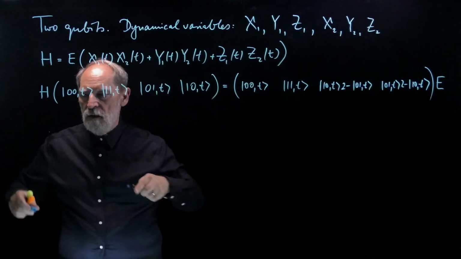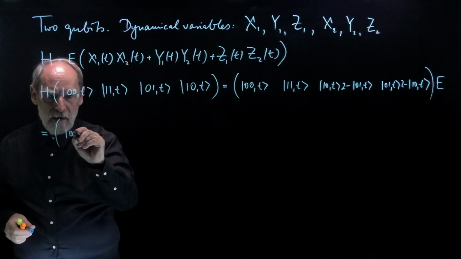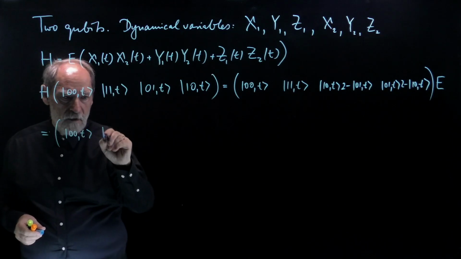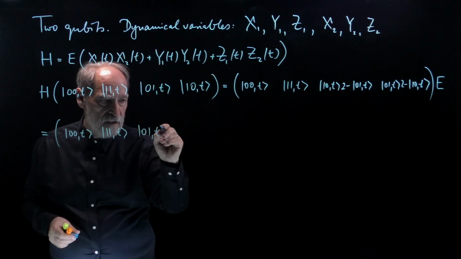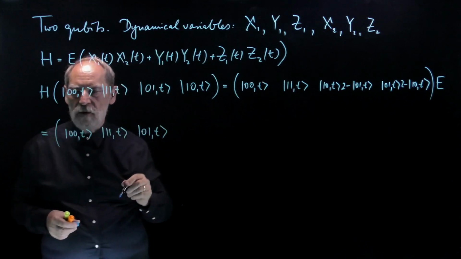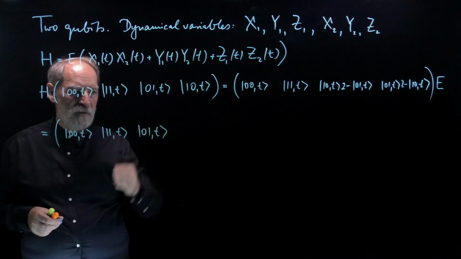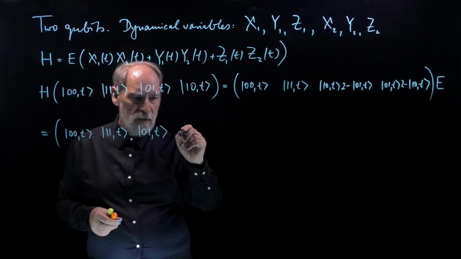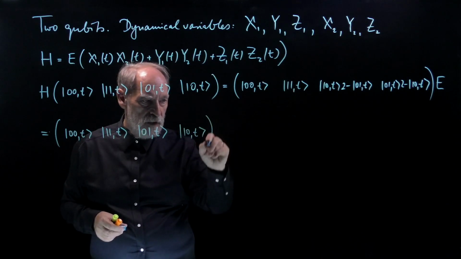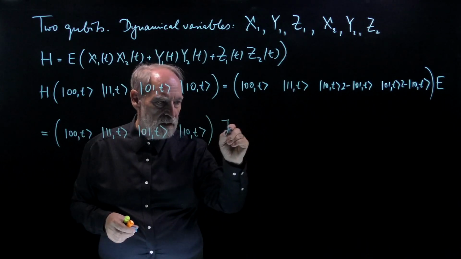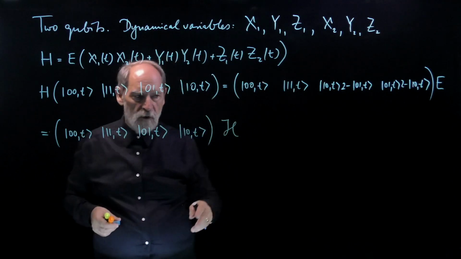So now we want to write this as a matrix acting on the original row of kets. And since it's a matrix that is acting on this row of kets, it will be a matrix that is acting on the right. Row times matrix is another row.